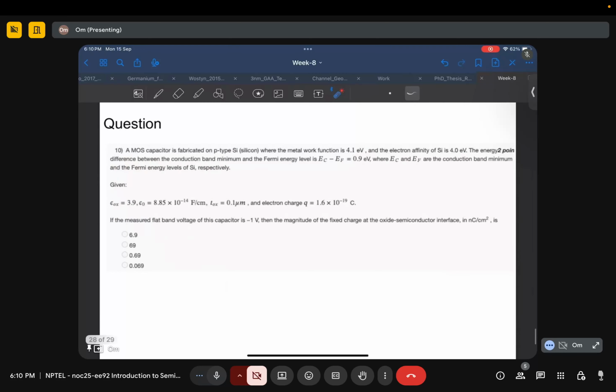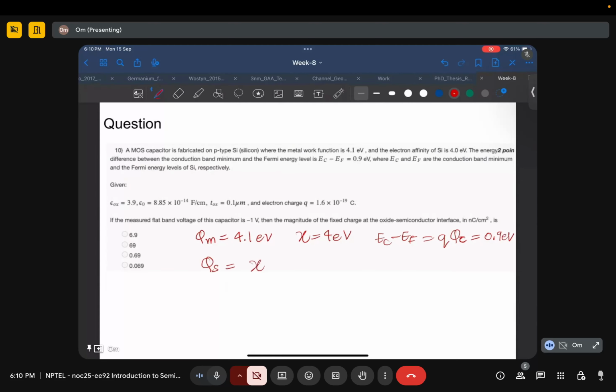Okay, so we are given phi m is 4.1 electron volts, chi is 4 electron volts, and EC minus EF, which equals q phi C, equals 0.9 electron volts. So we have to find phi s first.